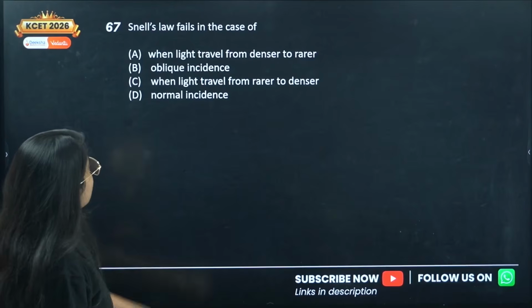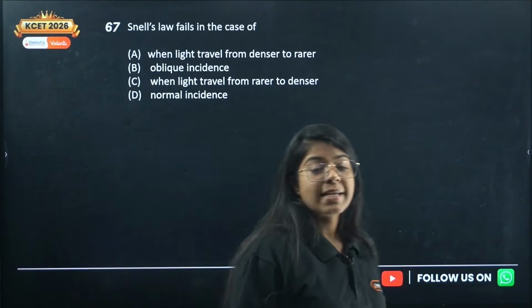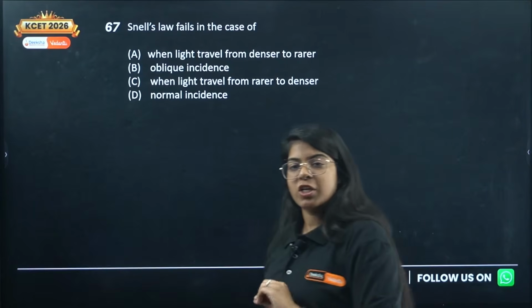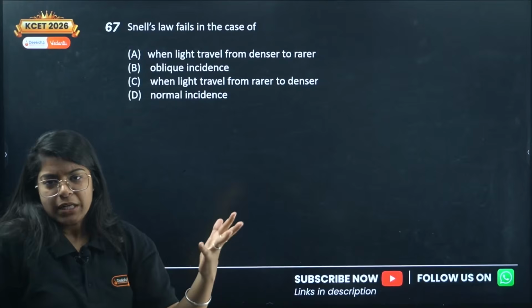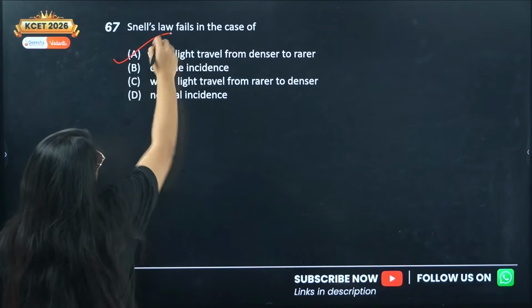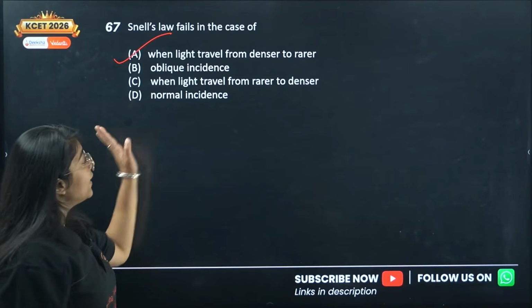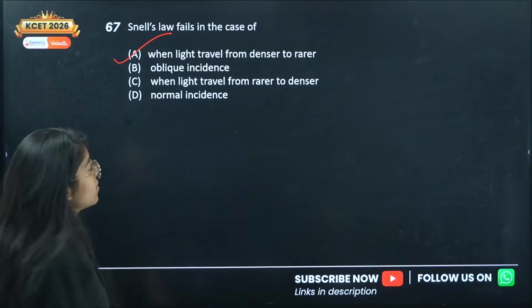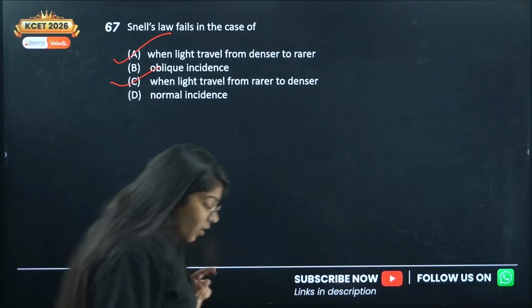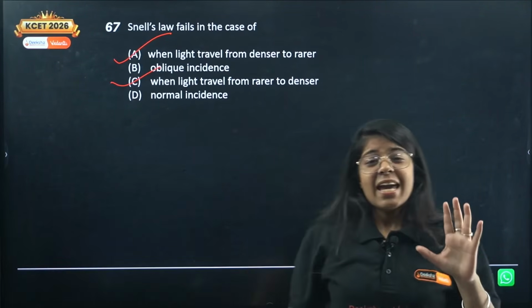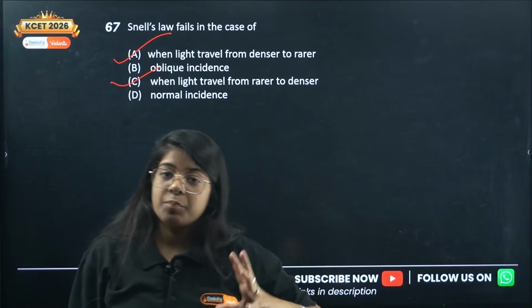67th question says, Snell's law fails in which case? When light travels from denser to rarer? No, it does not. It applies when it is oblique incidence. When light travels from rarer to denser, it does apply in that case, or normal incidence. Even if you don't know the answer to this question, you can just use your brain.